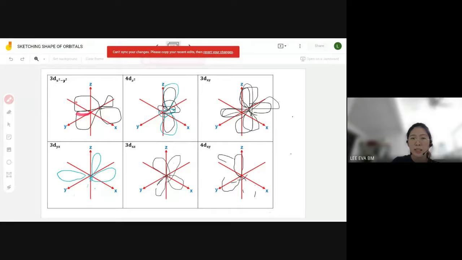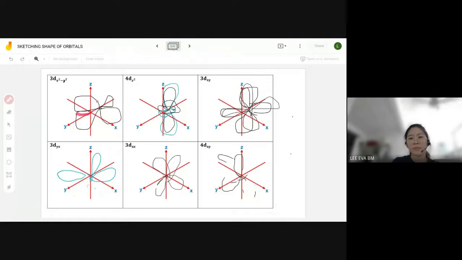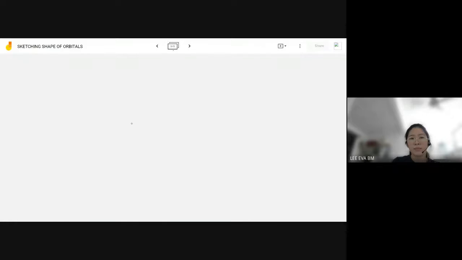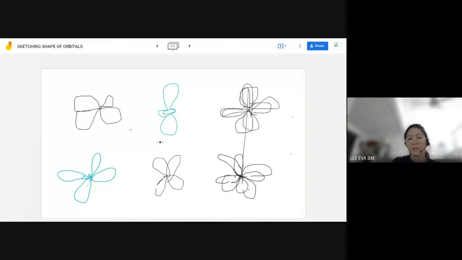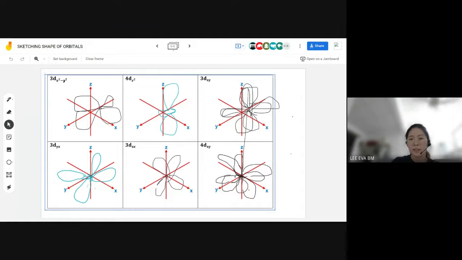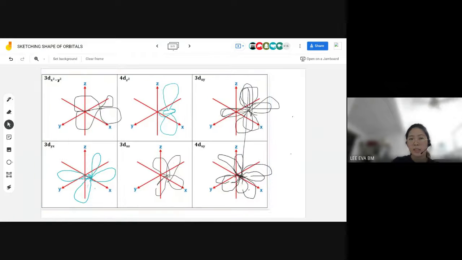So you will see the 3dx square minus y square again is on top of our axis, x and also y axis. Dalam awak punya lukisan sendiri nanti awak kena practice balik lah. Madam highlightkan dekat sini. Okay, and then you have the clover leaf over here.